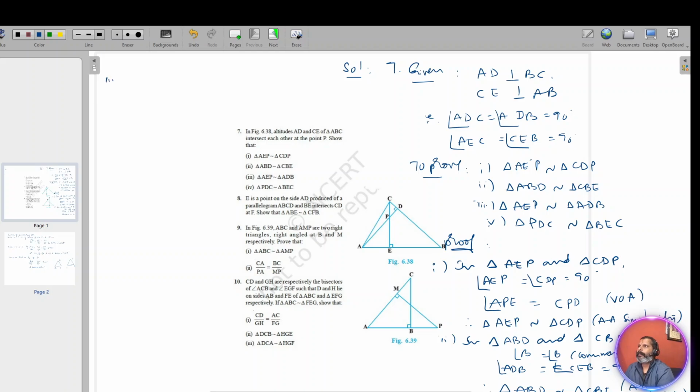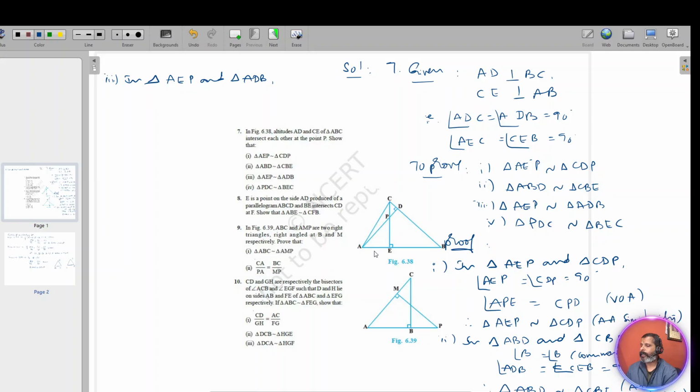Third one I'm writing here. Just check out. Same. Pick the triangle AEP and triangle ADB, whatever they asked us to prove as similar. Observe the triangles now. AEP and ADB, we have angle A common, right?